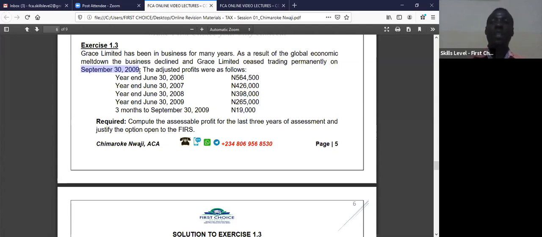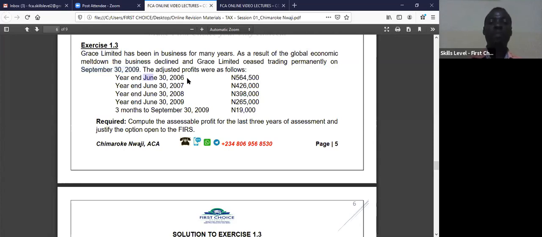Okay? Now, in the change of accounting date, the period of change is important, and the 2 dates that they change is important. But when it comes to cessation of business, the day the business ends is very, very important. Now, look at the adjusted profit as follows.